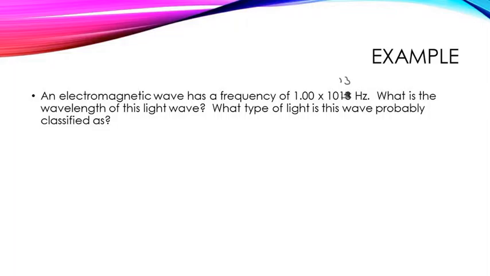Alright, so our formula here is V equals lambda F. V is the velocity of the wave, and the velocity of all of these light waves that we will look at is always going to be 3.00 times 10 to the power of 8 meters per second. Now that is the speed of light.